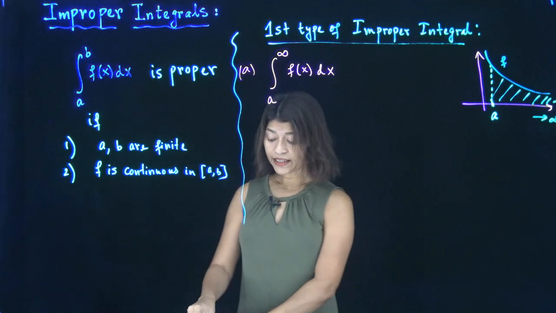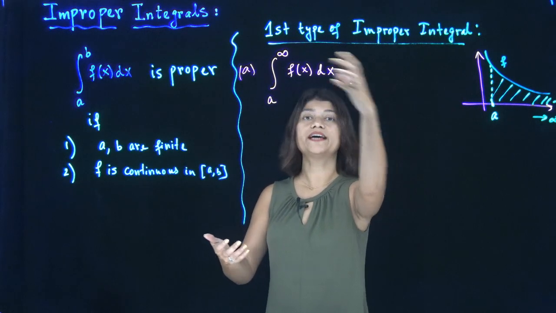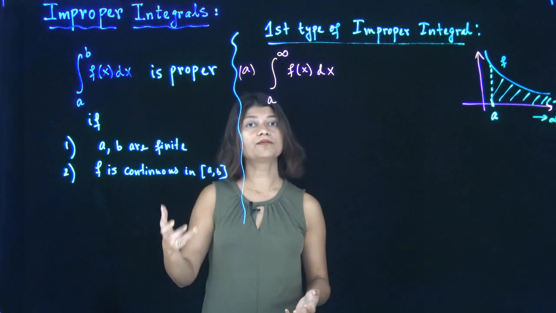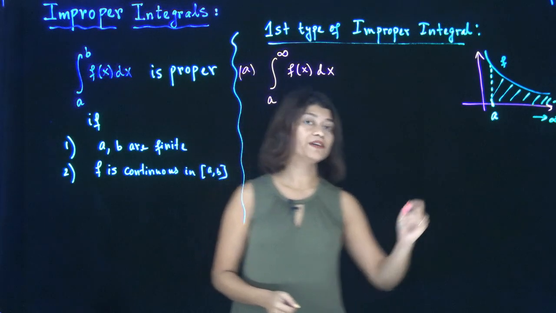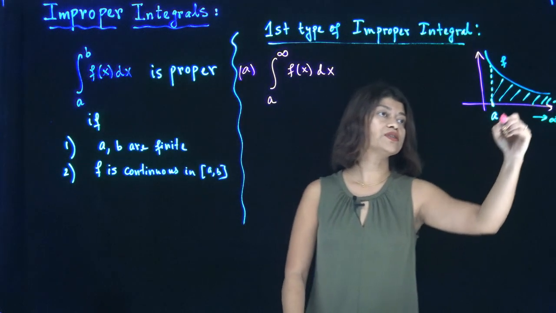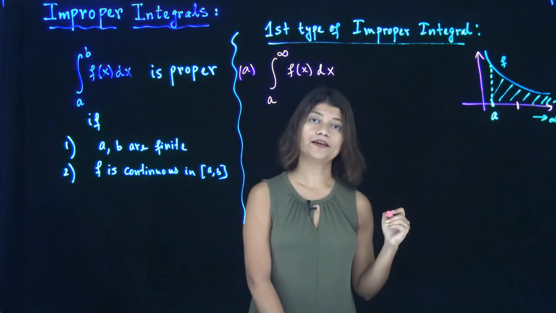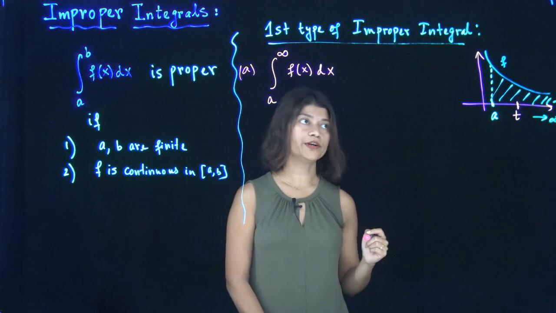But the main thing we want to discuss is how we're going to evaluate it, because we cannot just find the antiderivative and plug in infinity. That doesn't work. The fundamental theorem of calculus works if this was a number. So what we do is very simple. We choose some point on the right side of a. Let's call it t.